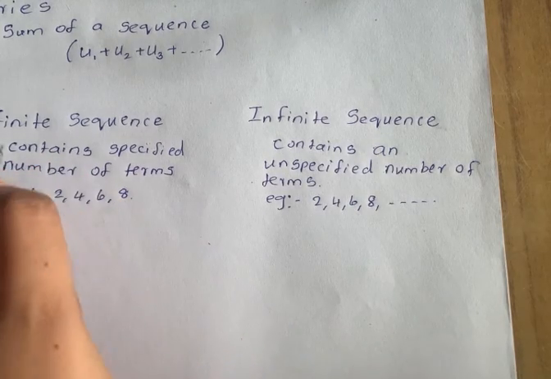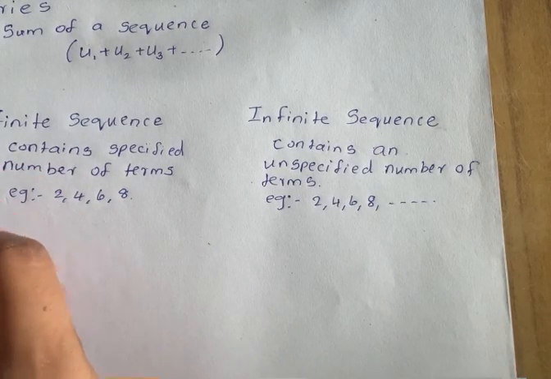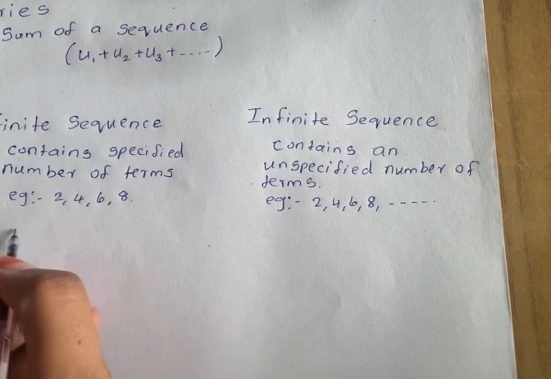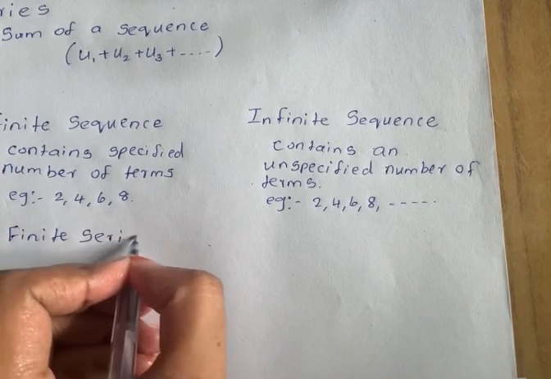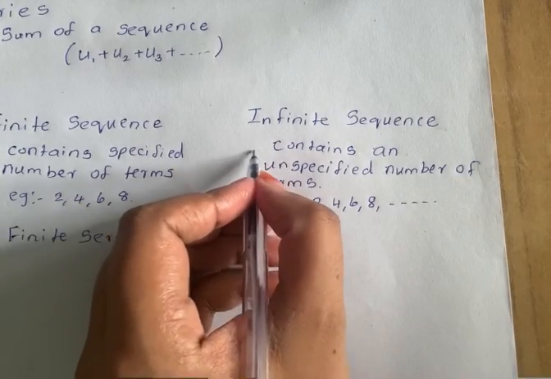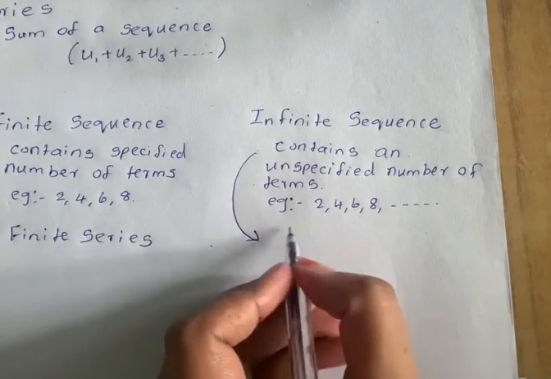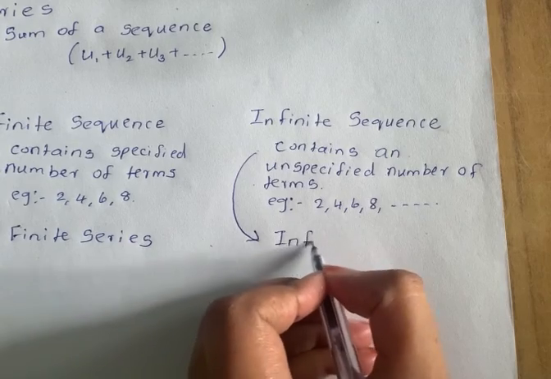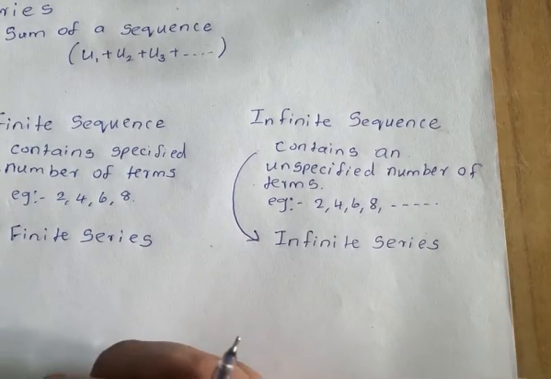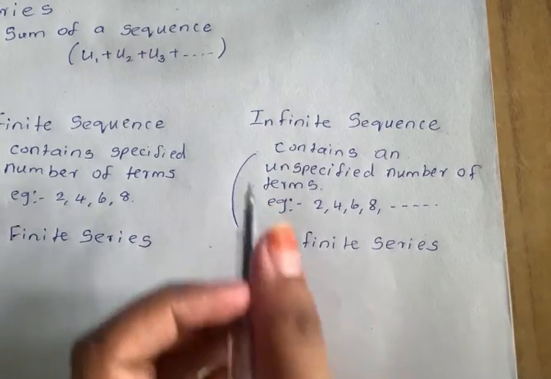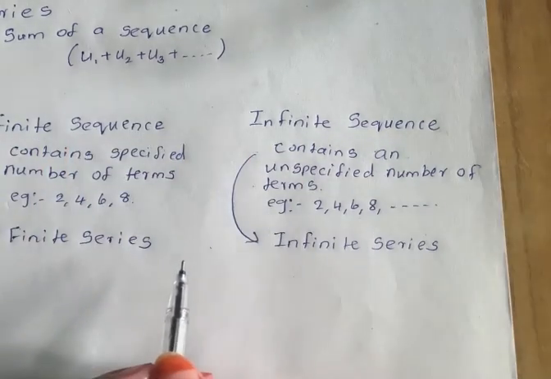From a finite sequence we get a finite series, that means the sum of the finite sequence. And from an infinite sequence we get an infinite series. That is the basic thing we have to know about series and sequence.